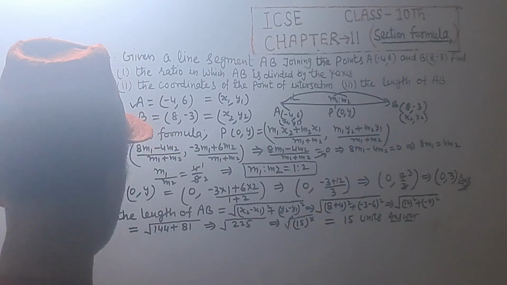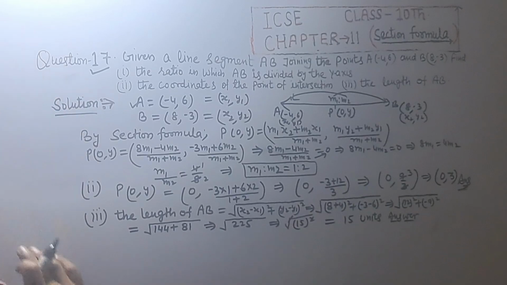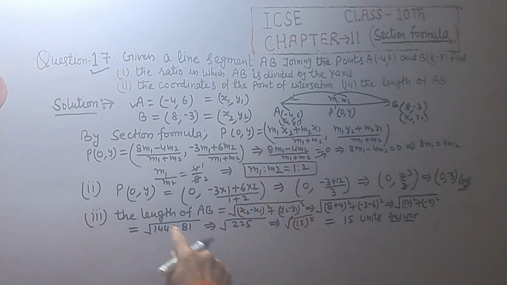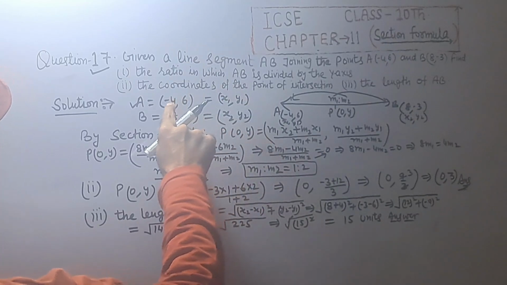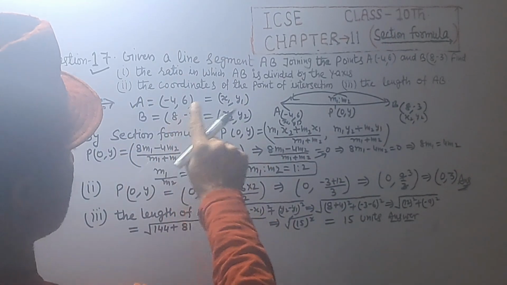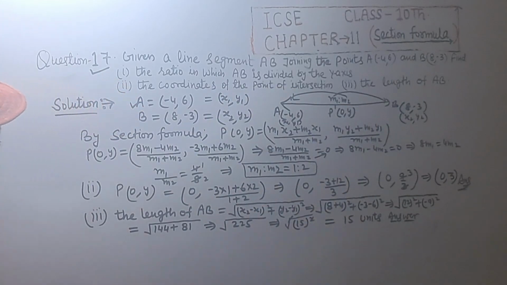Answer. Third part, length of AB, we are using the distance formula, and (x1, y1) is (-4, 6), (x2, y2) is (8, -3).